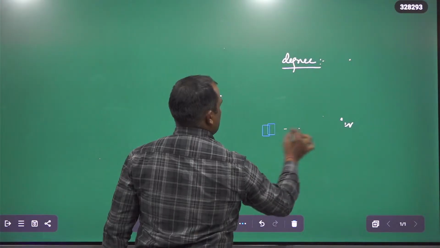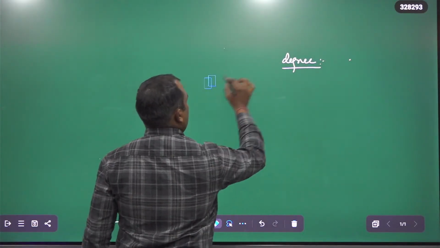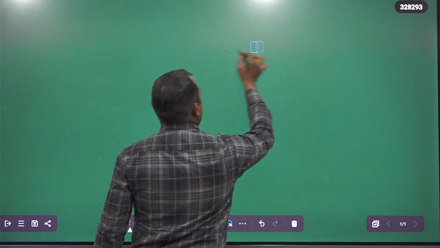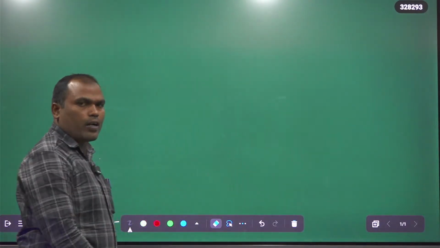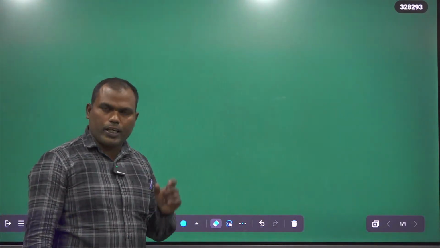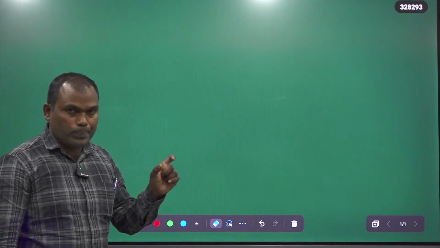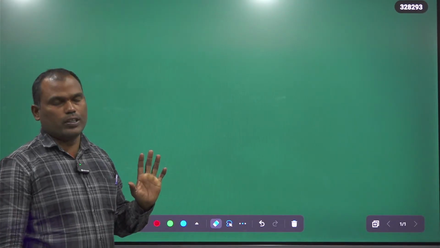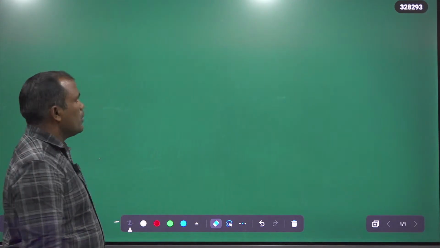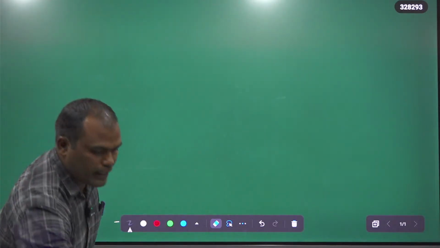Order is nothing but the highest derivative of the given differential equation, and degree means the exponent or power of the highest derivative is called degree. That's it. Now, some examples are there.